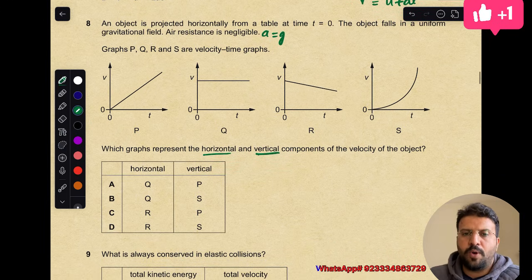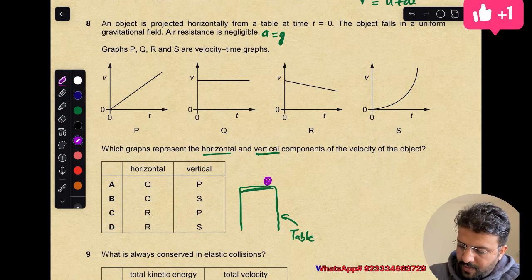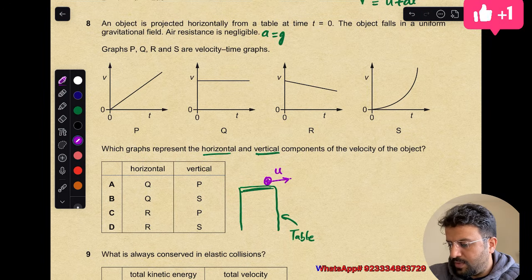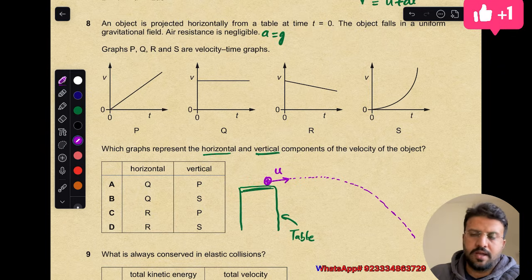This is from projectile motion, a horizontal projectile. Let's suppose this is the surface, let's call this a table from where you are throwing, and this is the object. So this object is projected like this. It will move horizontally at the start and eventually keep on moving like this, and it will hit the ground.